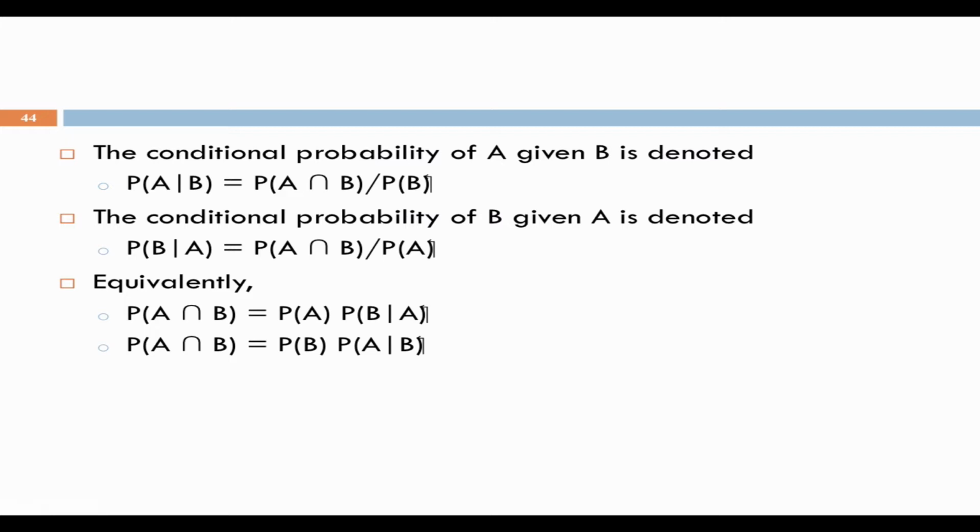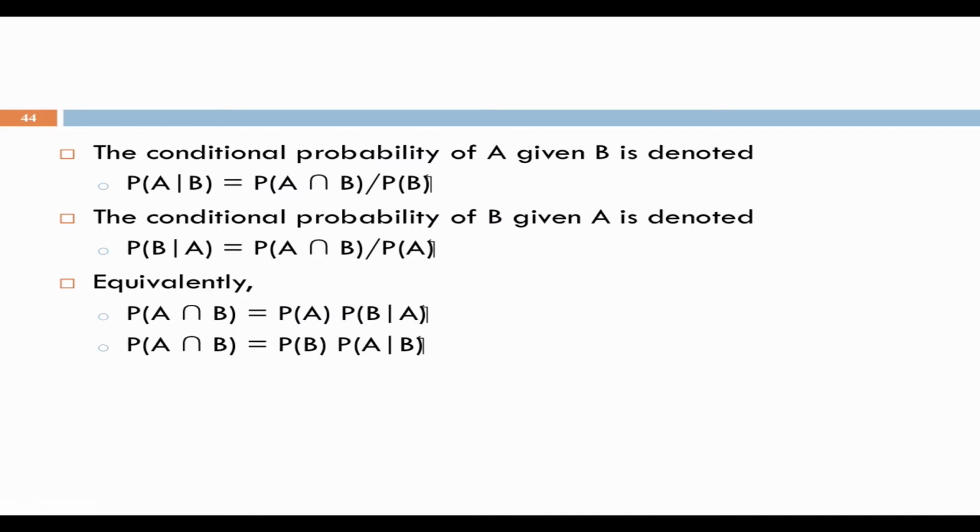And if you know this, remember my first question: if you don't know anything about whether A or B are independent or not, and you just want to estimate the probability of A intersect B, how do you do that? You do that by this rule of conditional probability.